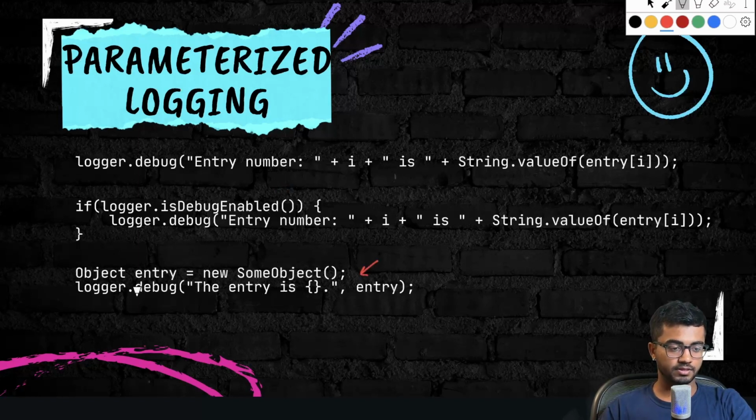What we have is a debug parameter, but instead of converting it, we have parameterized it with a pair of curly braces and an entry. So whenever this statement is executed, or whenever the debug state is finalized as enabled, only then does the conversion to string happen, and it saves a ton of computation, and we don't waste a lot of resources.